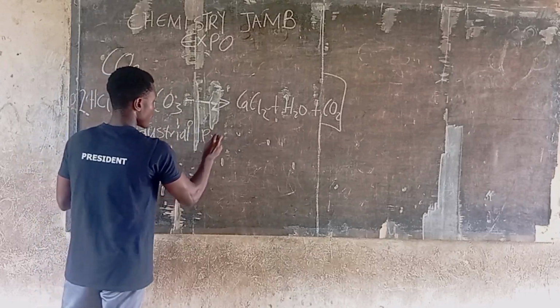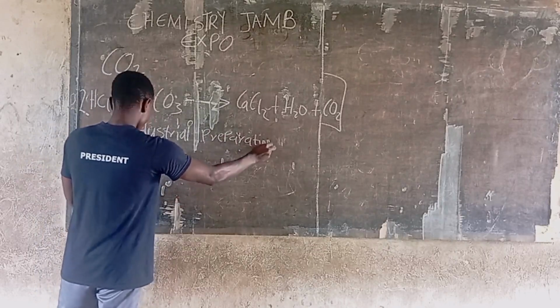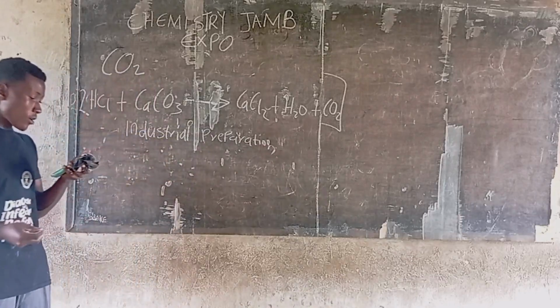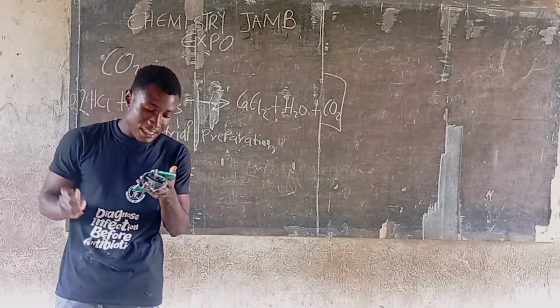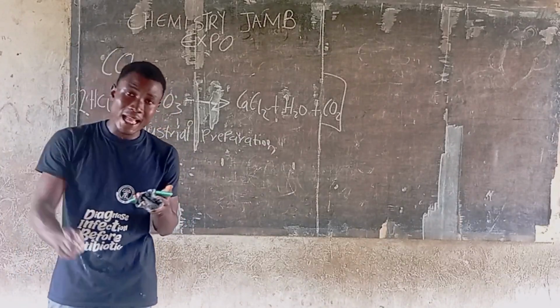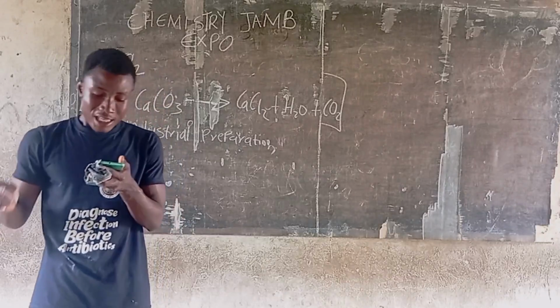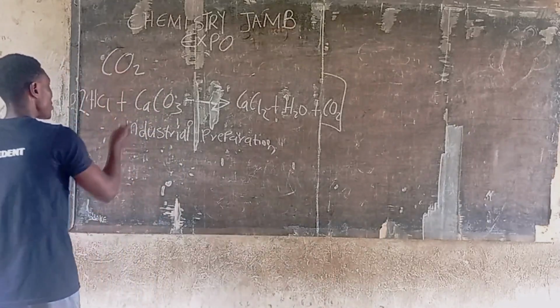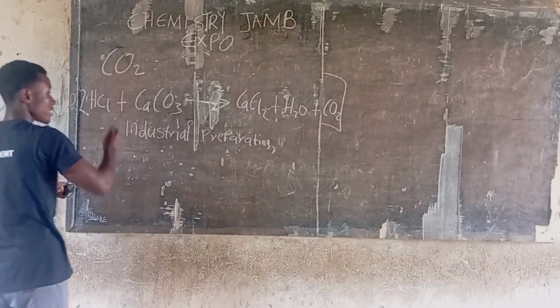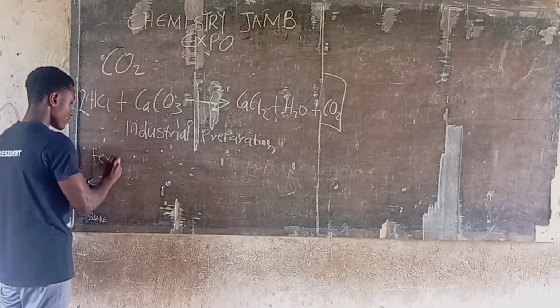For the industrial preparation of carbon dioxide, we have fermentation. Carbon dioxide can be prepared in the industry from fermentation, as a byproduct in the limestone or cement industry.